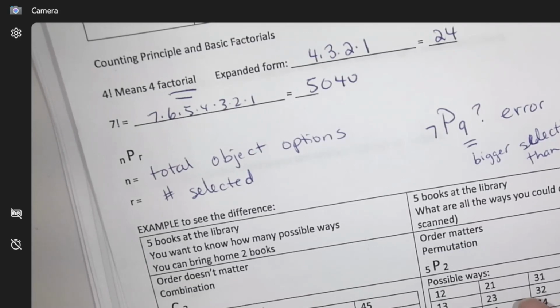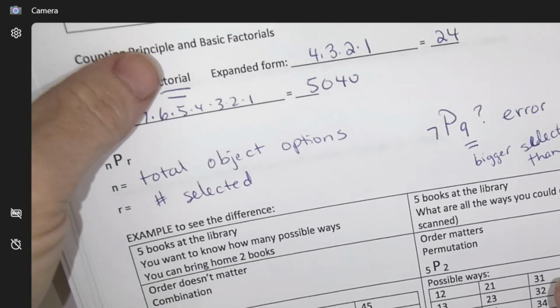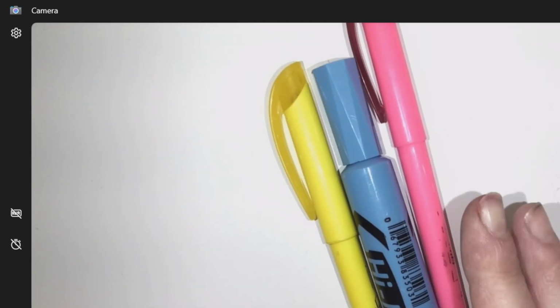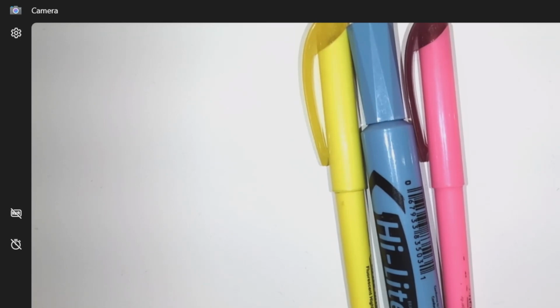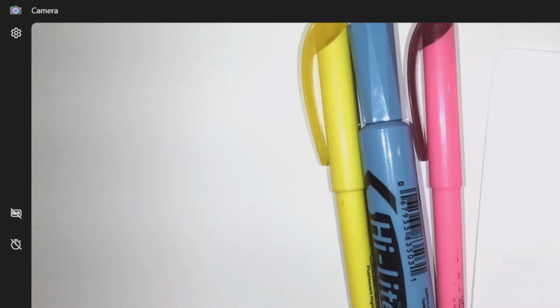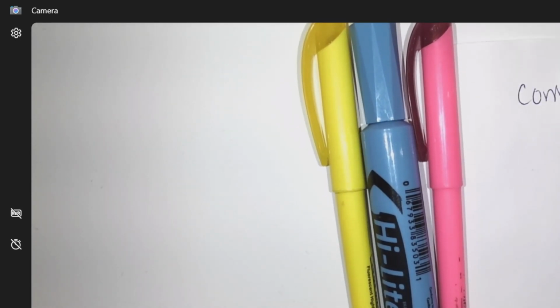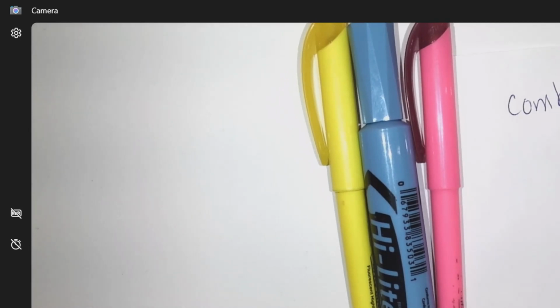Okay, so I'm just going to get you to take a minute to look at what I'm going to do. I'm going to have 3 markers here, and I want to think about how many combos I can have.